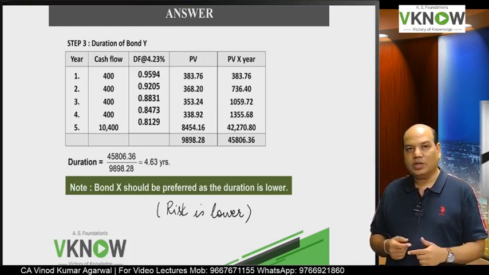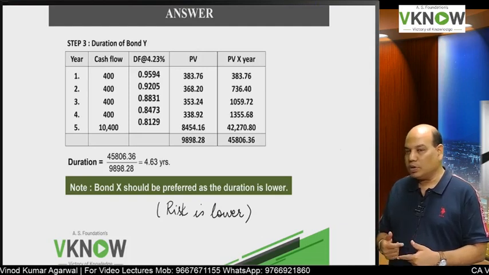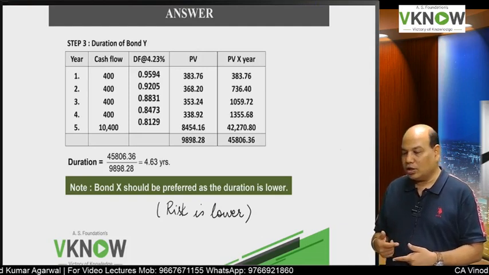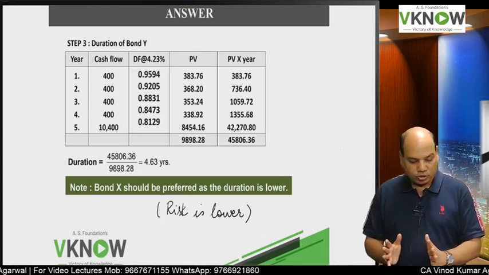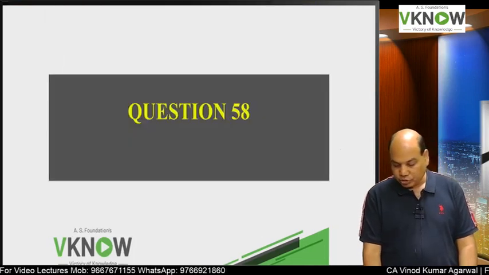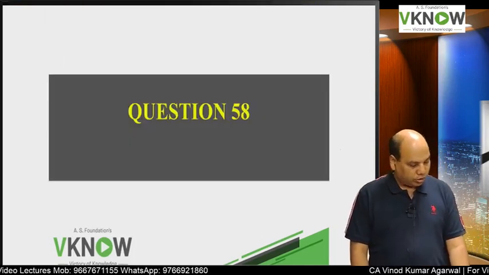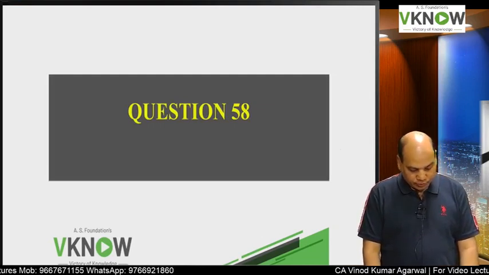So if I apply the property, the bond will be riskier. But in the exam you don't do that because specifically they have asked you to compute duration. You need to do it. Now we'll go to one very important question, number 58.